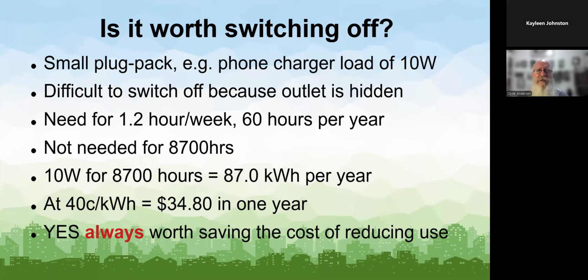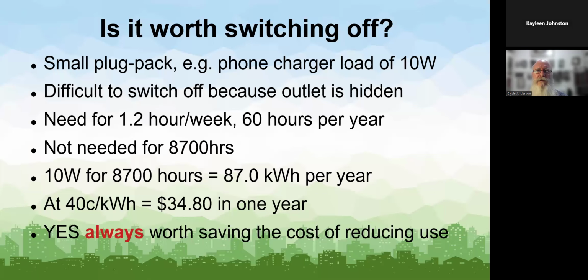So of 8,760 hours, most of that is not being used. So you've got 87 kilowatt hours of electricity being used by that plug pack, at 40 cents a kilowatt hour is nearly $35 a year. So it's always worth switching things off when you're not using them.